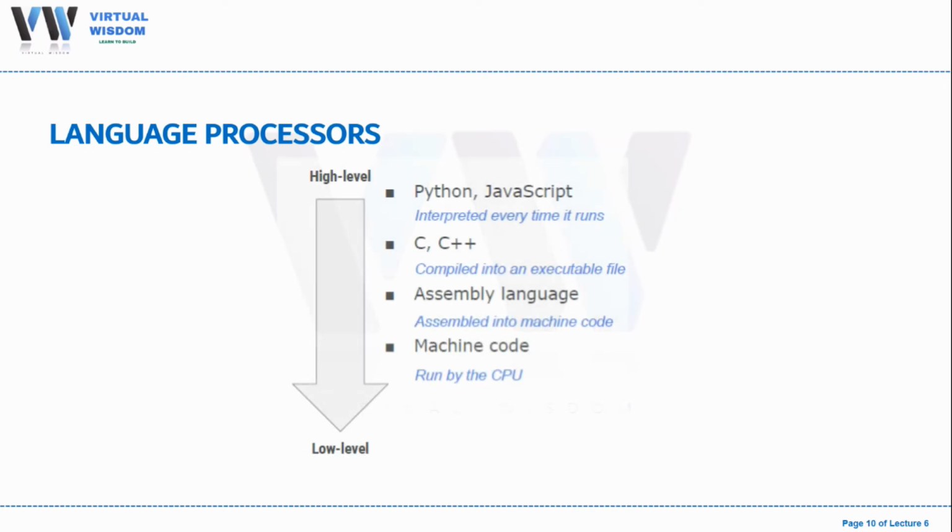So, there are two types of languages: high-level languages and low-level languages. High-level languages are machine languages, or languages that are only understood by the computer, such as C, C++, and Java, etc. Whereas low-level languages are the languages understood by human being.